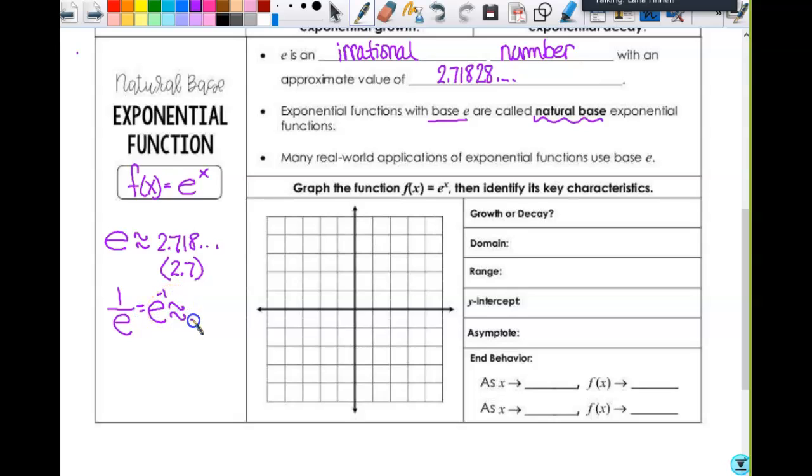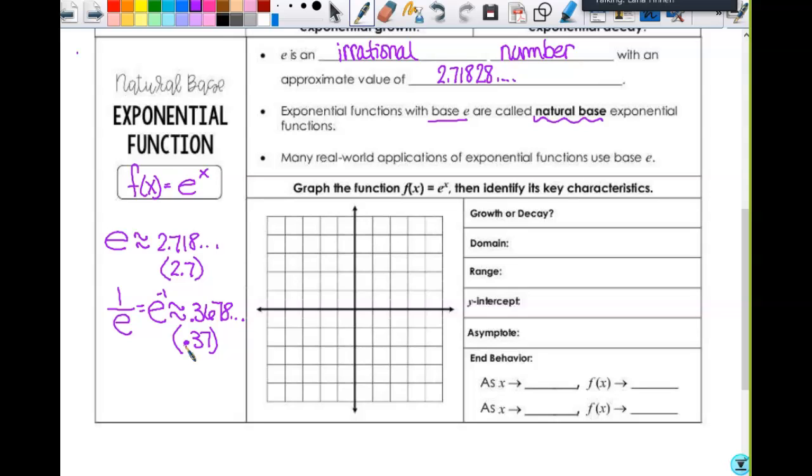That's about 0.3678, blah, blah, blah. So in your head, we can just have 0.37. So you have 2.7 and 0.37 for the two values of e that you just need to know so that you can function with it.